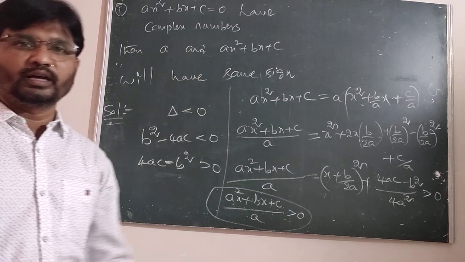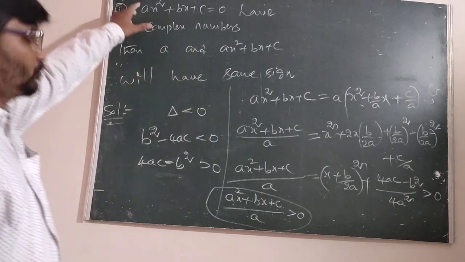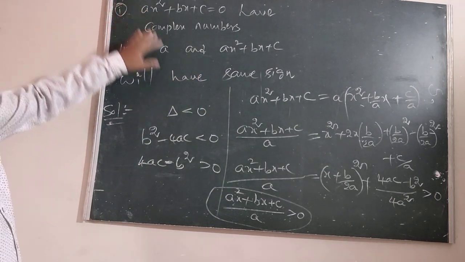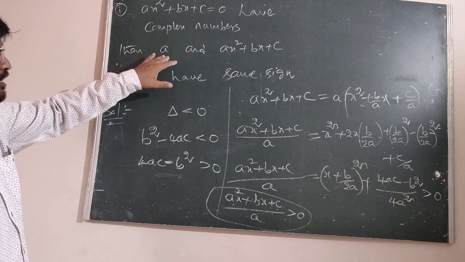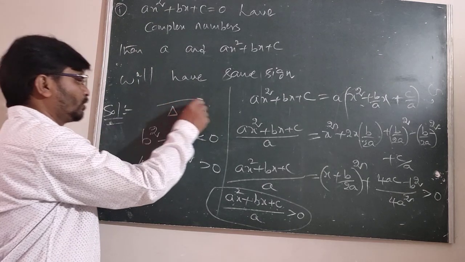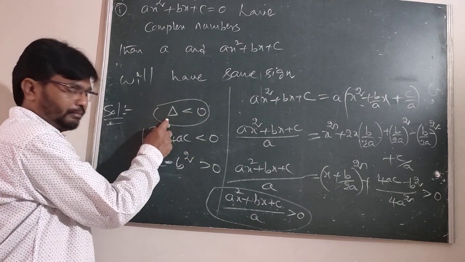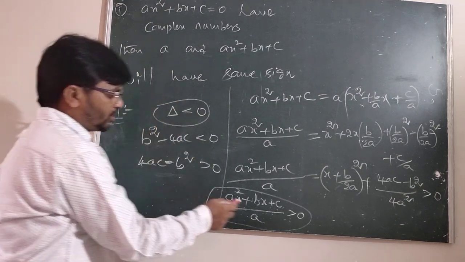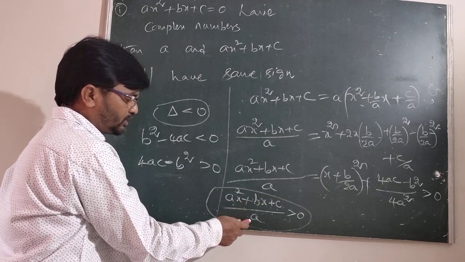So we are discussing that the sign of the expression is, in this case, based on the coefficient of x square, because when the roots are conjugate complex numbers, ax square plus bx plus c and a have the same sign.